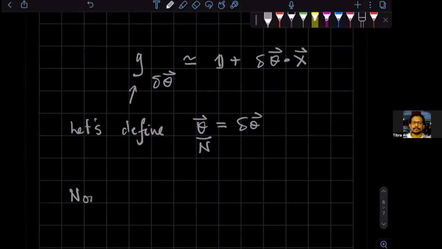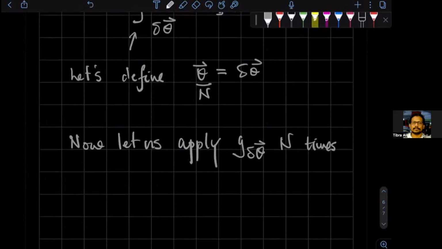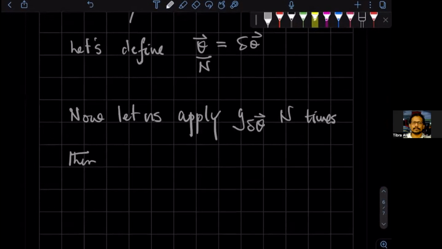So now let us apply G of delta theta n times, then the element that we get is 1 plus delta theta to the power n, and that we can write as 1 plus, oh sorry, I forgot the generators here.